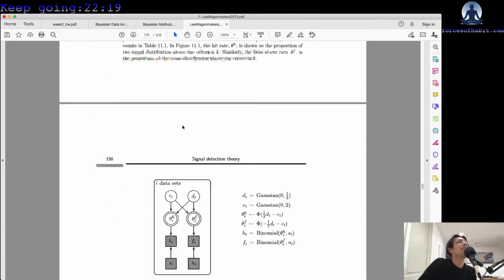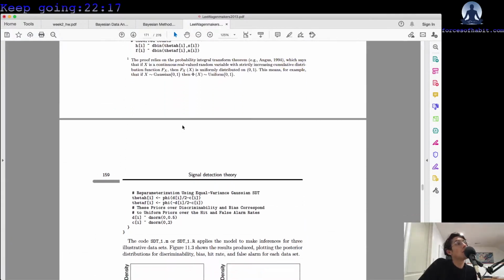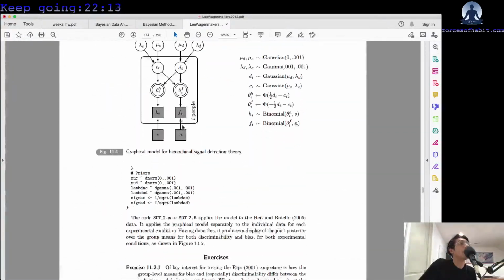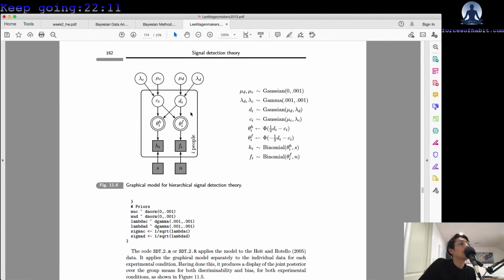But now, in this case, we're looking at bias and discriminability, and we're saying that individual scores can be pulled from these distributions of discriminability with variance and mu, or precision of mu.